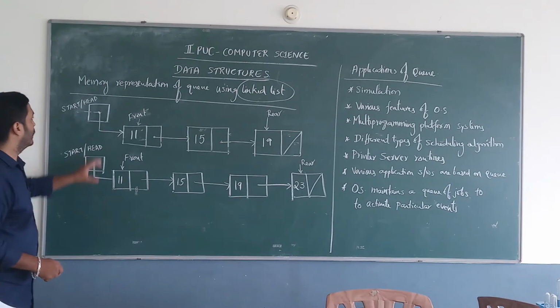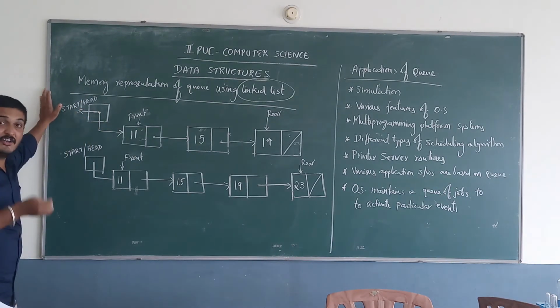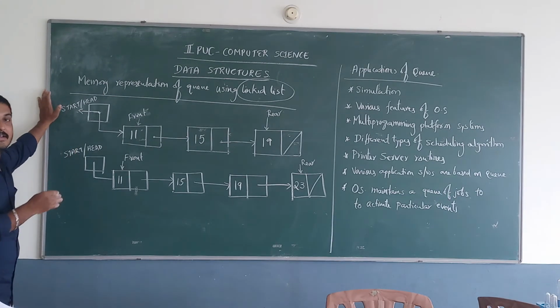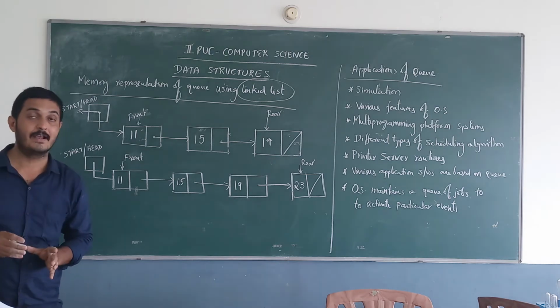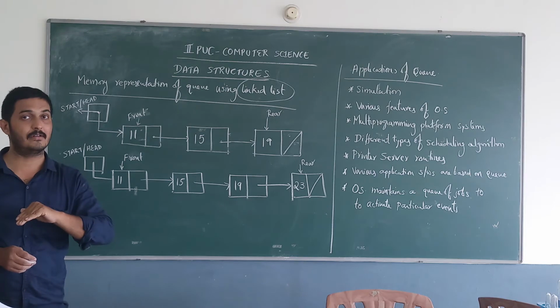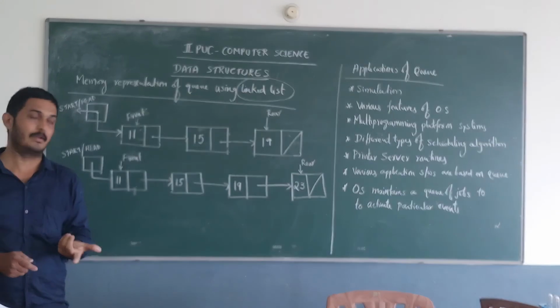Here I am using start as a pointer to indicate the initialization of a linked list. So far we know that a linked list is a collection of nodes, and each node has two fields. The first is data or information. The second indicates the address or link to another node.